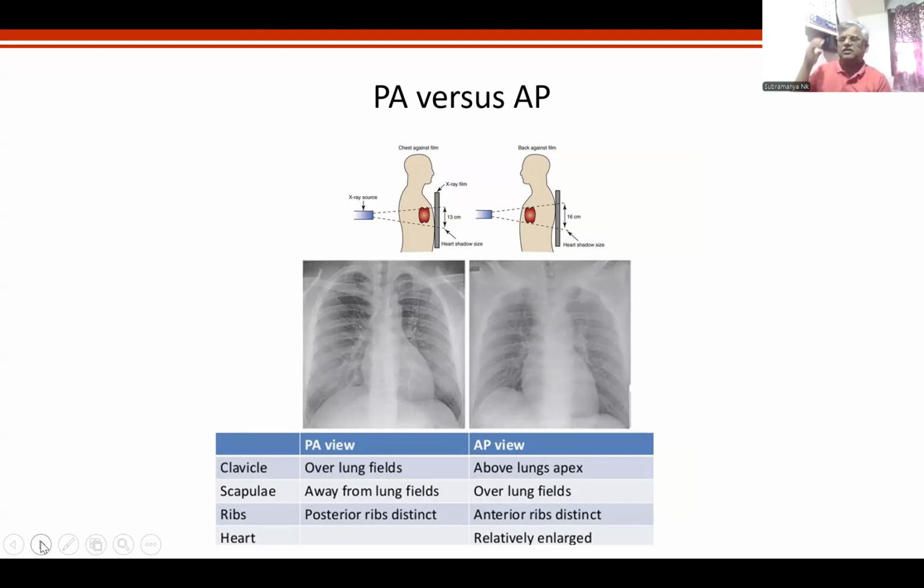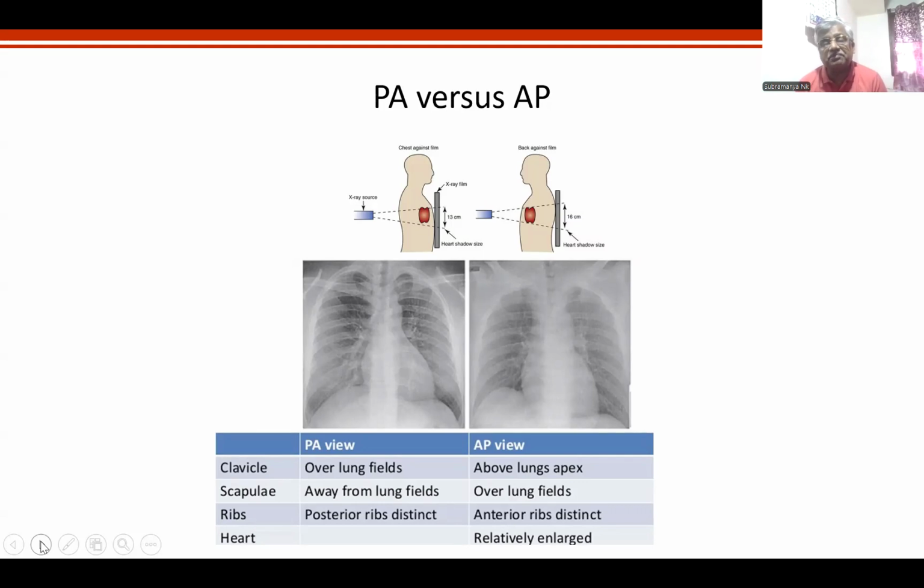It could be sitting, it could be holding, quite difficult to get a PA done in a child less than 5 years of age. So the moment you know the age, you will know whether it is AP or PA. That is one part. However, a good radiologist can take a PA film in any age. That's not a point, but I'm just trying to tell you that this is a practical point, not to rule out by age. That's one.